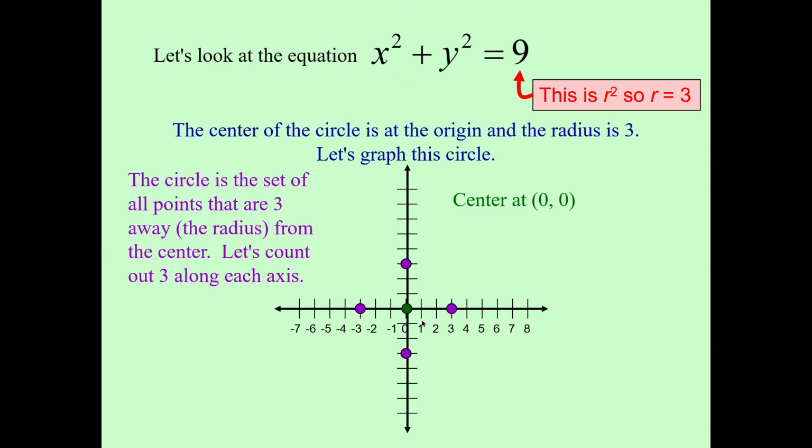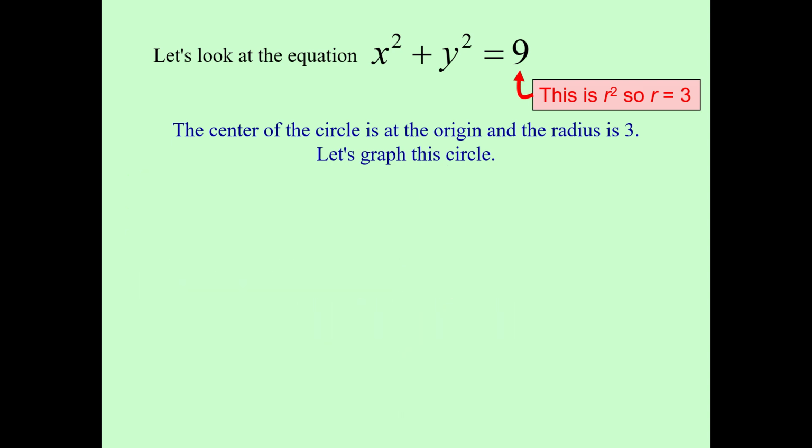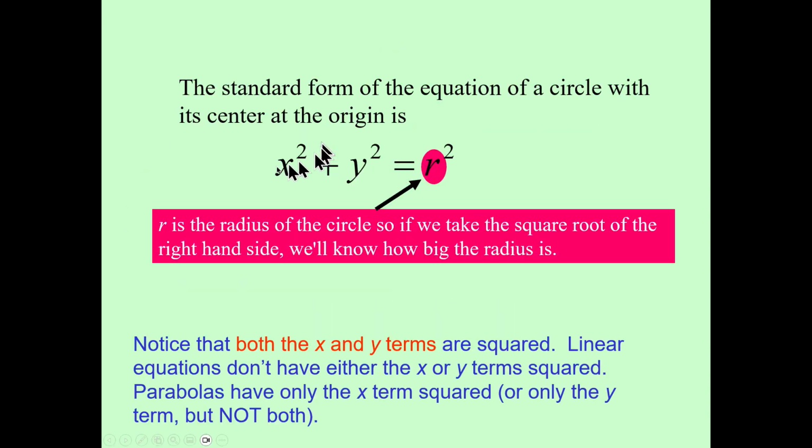Then you count over 3 places north, south, east, and west. There's your circle. Now this is the form when the center is at the origin, so don't forget that.